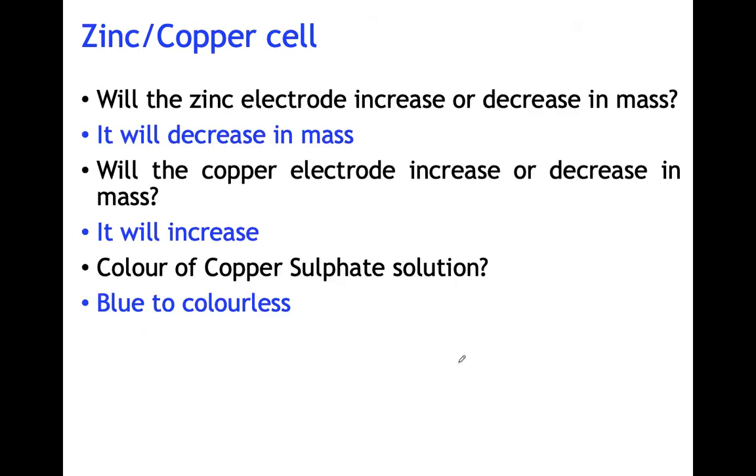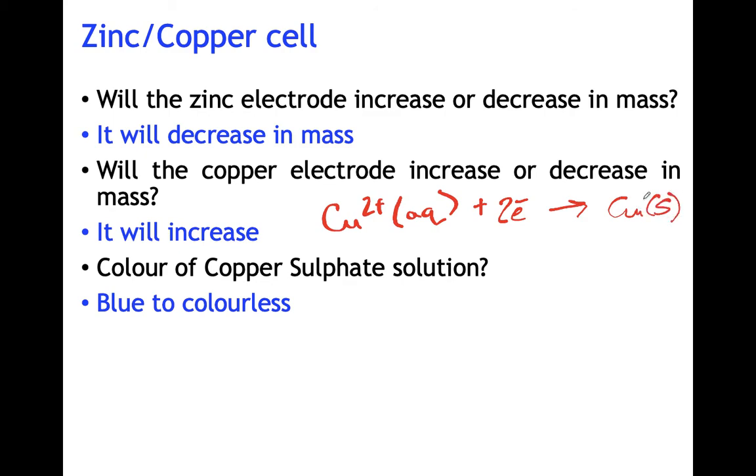So, will the zinc electrode increase or decrease in mass? Well, what's happening is zinc is becoming zinc ions, so it will decrease in mass. The copper electrode is gaining electrons, so electrons are flowing into the copper electrode, and we've seen that copper ions in solution were gaining electrons to form copper atoms.